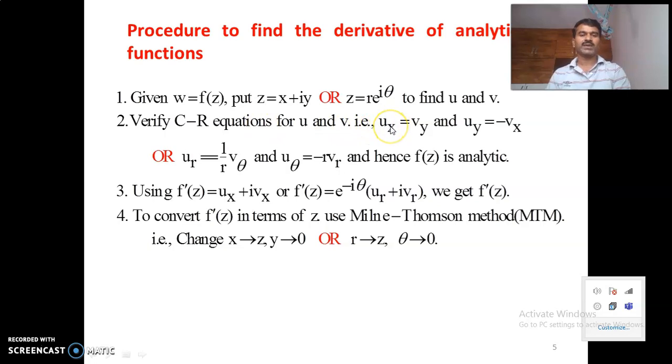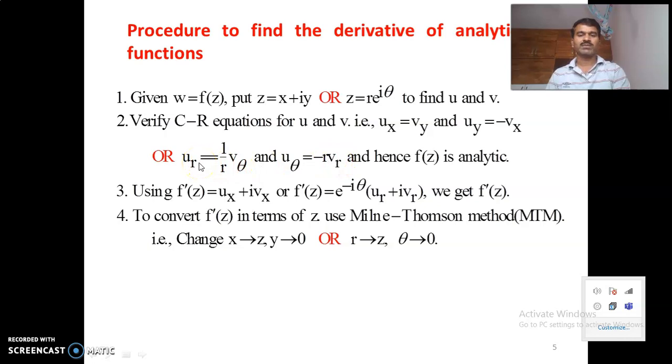The CR equations are ux equal to vy and uy equal to minus vx. Or if the given function is in polar form, then u and v are in polar form, so you can verify these CR equations: ur equal to 1 over r times v theta, and u theta equal to minus r times vr.